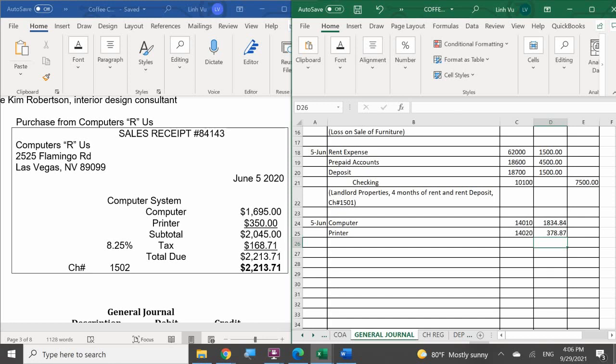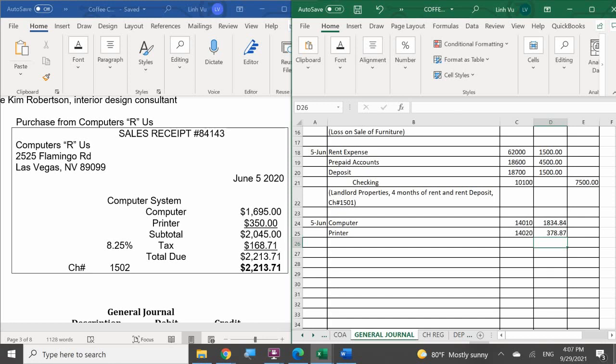We got 378.88, or 87.5 after rounding. So in this case, how much tax did I actually charge? 8.25%, which is $168.71.